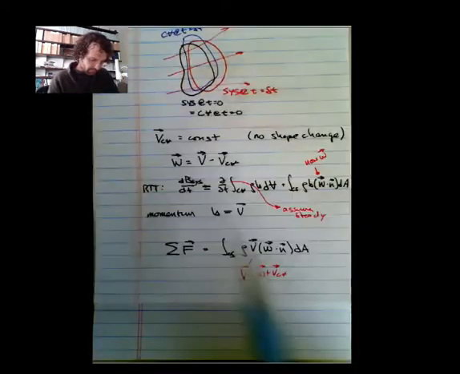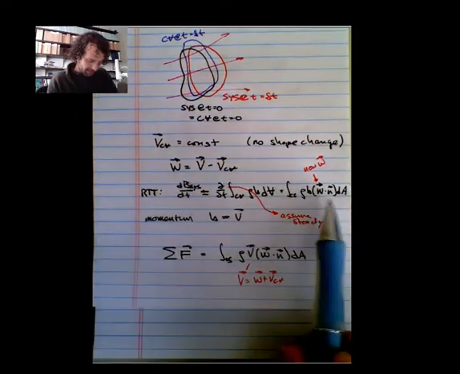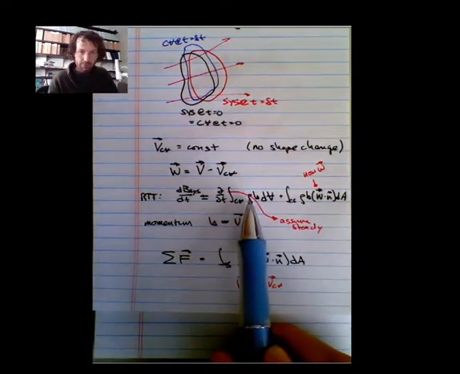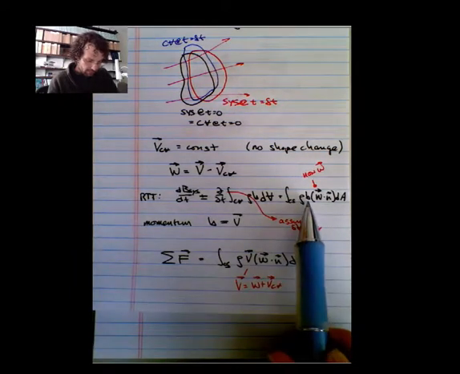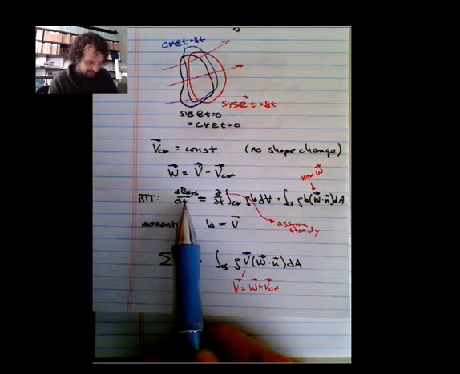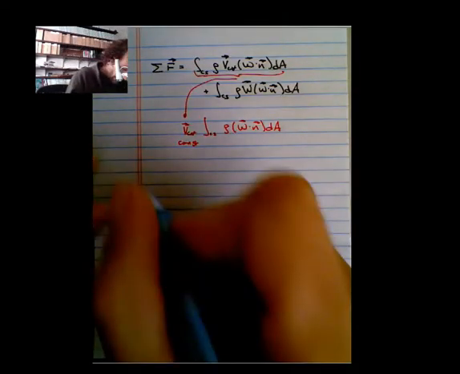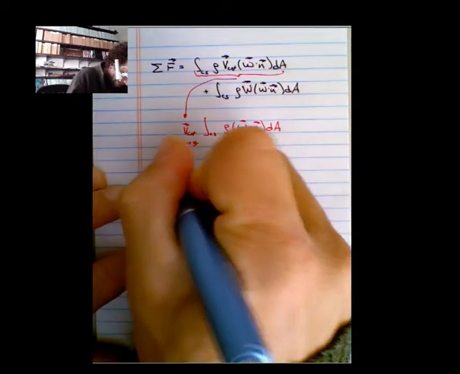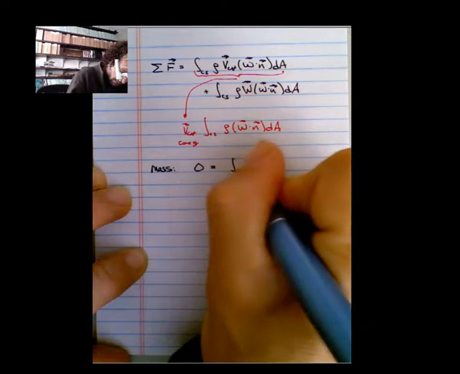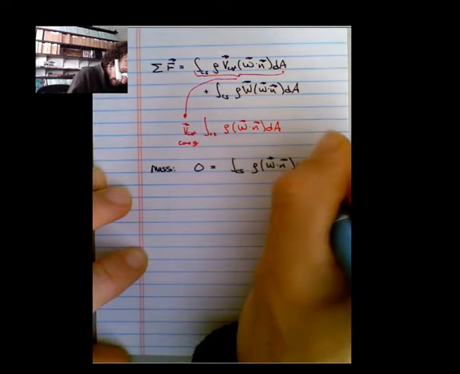This was general for whatever B stuff we want, and say rather than write it for momentum, let's write it for mass. So this term's 0. We're still steady. There's no storage of mass. Little b becomes 1 when you deal with mass. And dB_sys/dt is 0. You don't create or destroy mass. And so 0 is equal to the integral over the control surface of rho W dot n dA.